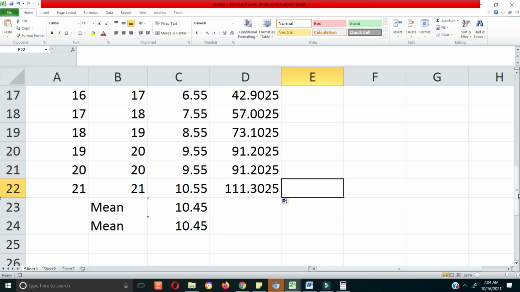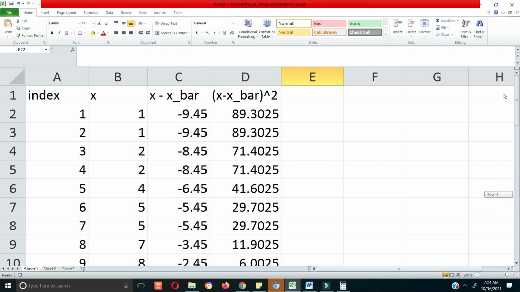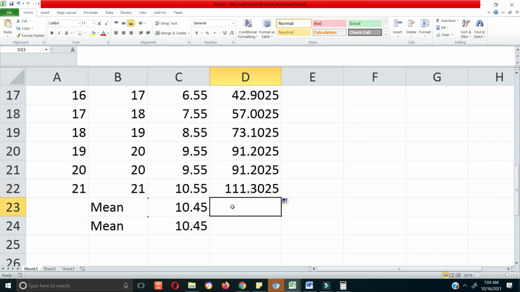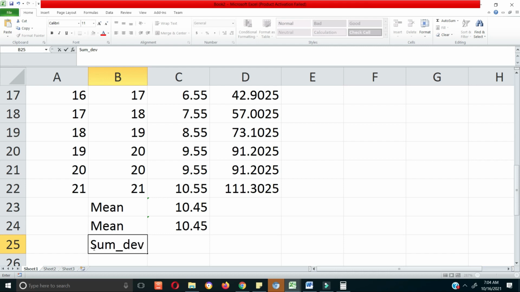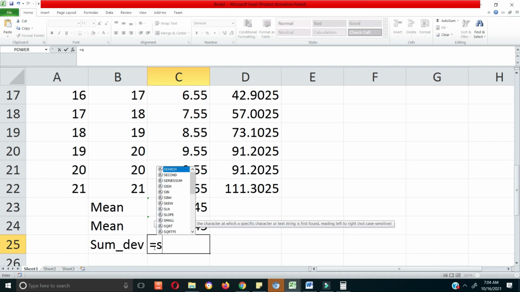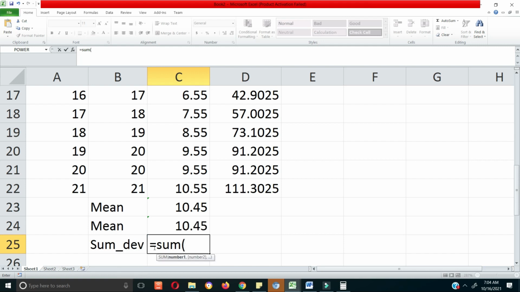Next we want to get the summation. The sum of the deviations is going to be the sum of D2 to D22.